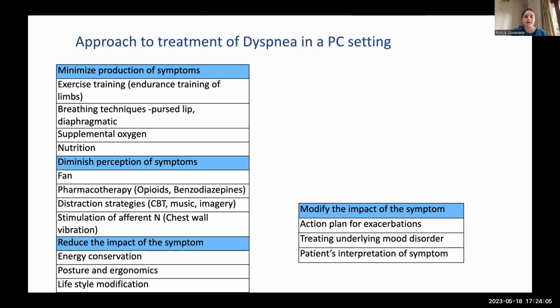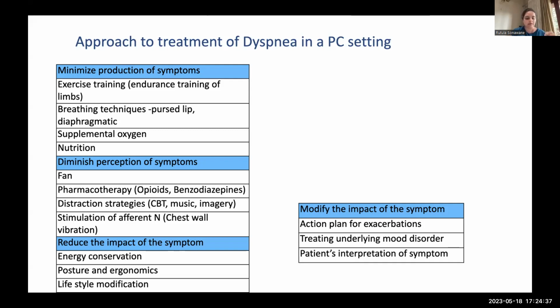Then reduce the impact of the symptoms. So there should be lifestyle modifications to conserve energy and do the activities that need to be done. So energy management, posturing, and certain modifications to help carry out the daily activities and maintain the functionality of the patients, and also modify the impact the breathlessness has on the patient.